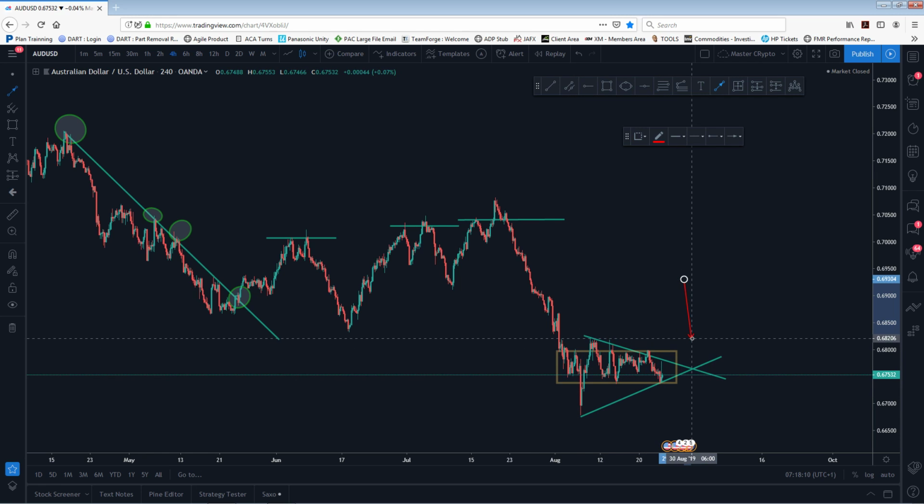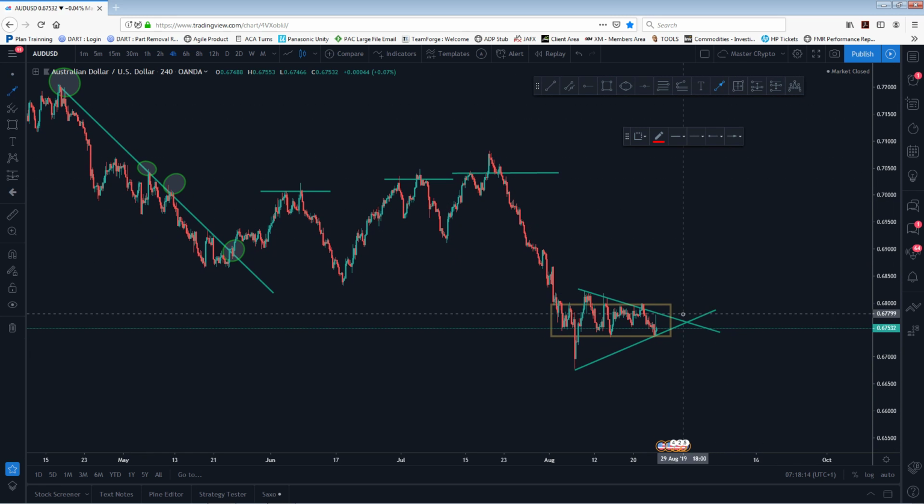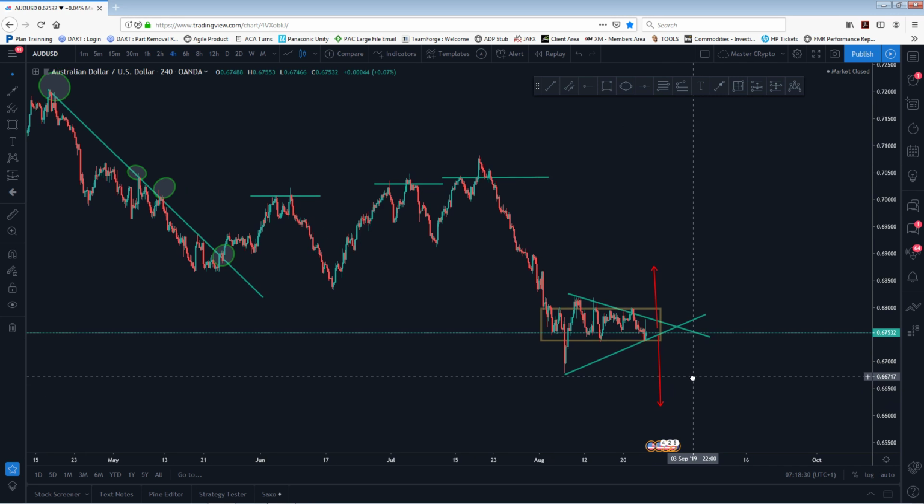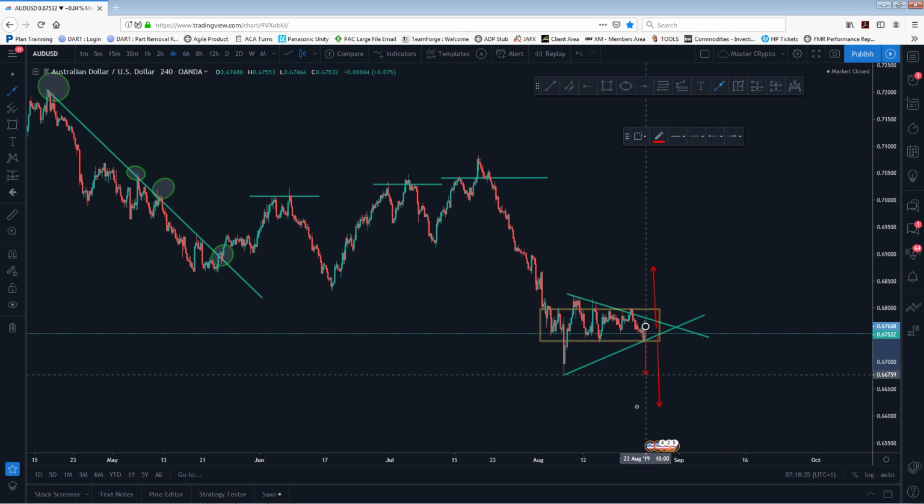Because right now, price could go up or it could go down, based on the cheat sheet I gave you and the definition of a symmetrical triangle. Do I want to guess it's going to be a buy or a sell?